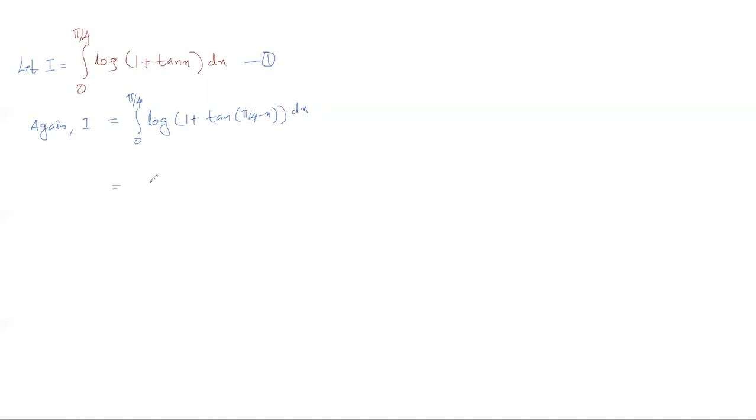So which is equal to integral 0 to pi by 4 log of 1 plus tan(a minus b). You have the formula: tan(x minus y) is equal to (tan x minus tan y) divided by (1 plus tan x into tan y).